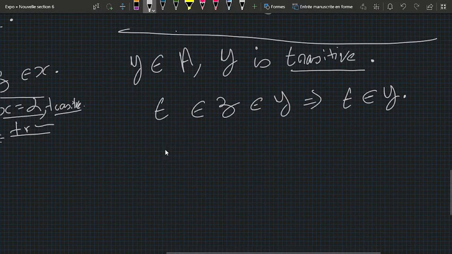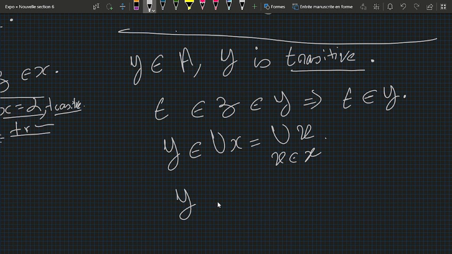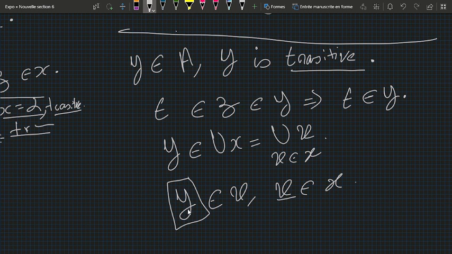So Y belongs to the union over V, where V belongs to X, which means Y belongs to V for some V in X. V is ordinal, then Y is transitive.